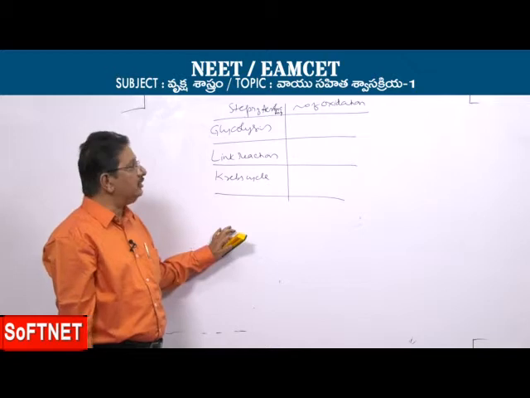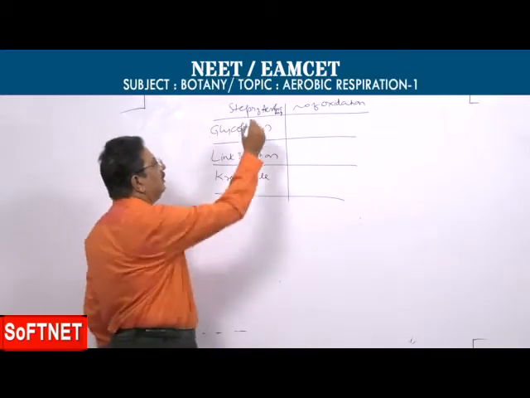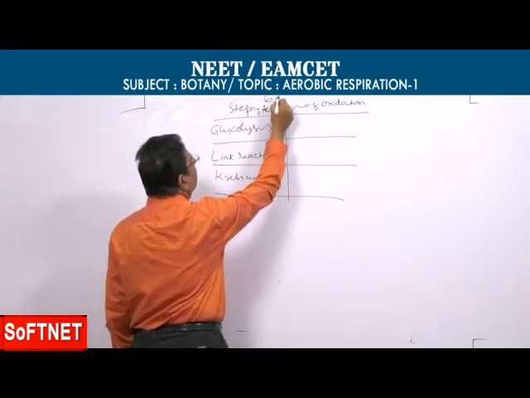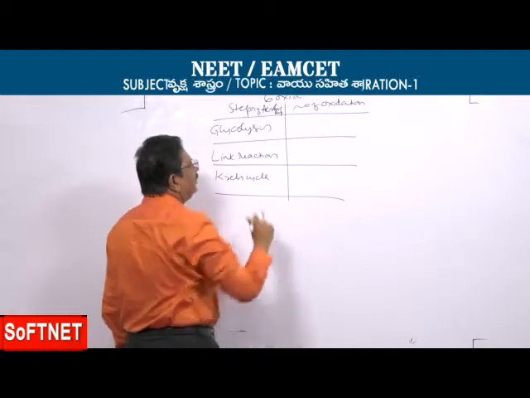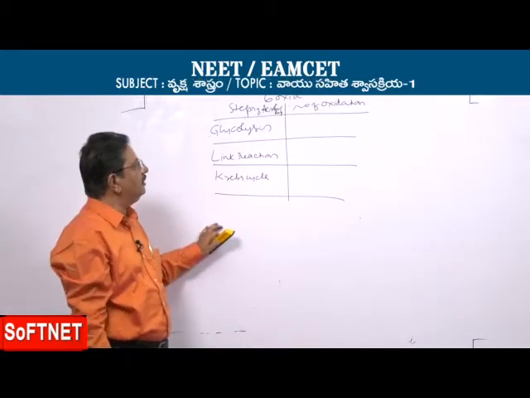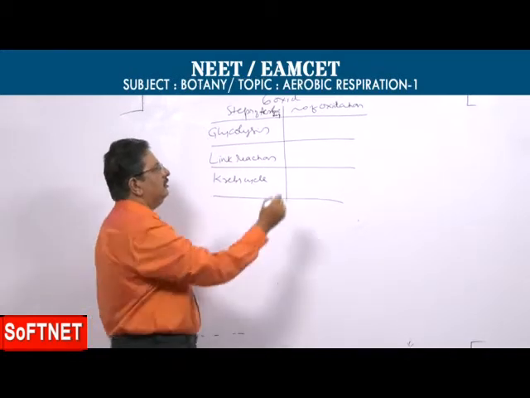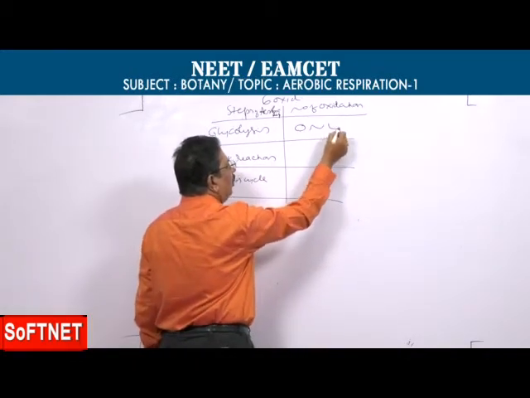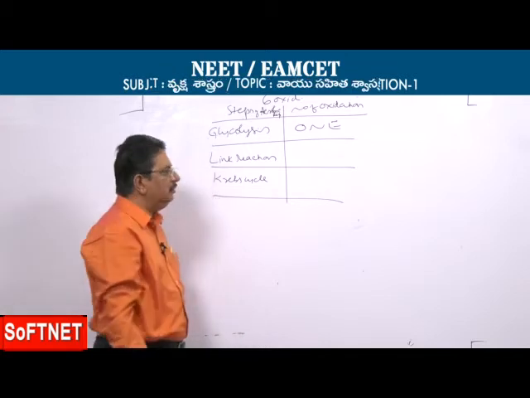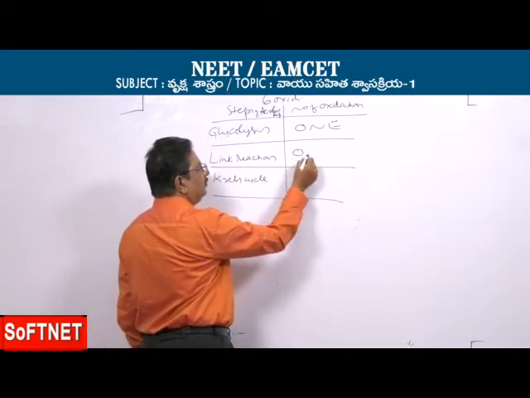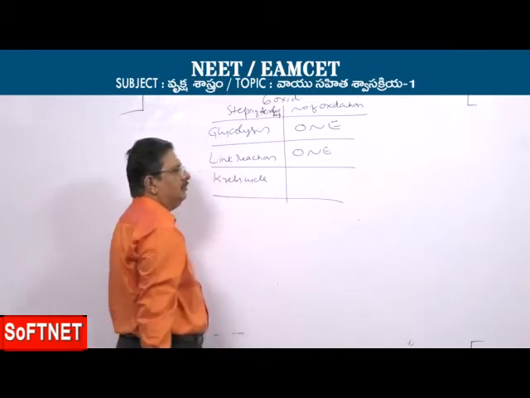So, there are 6 oxidation steps altogether in aerobic respiration. Let us see where these oxidation steps occur. During glycolysis, there is only one oxidation. In the link reaction, one more oxidation.